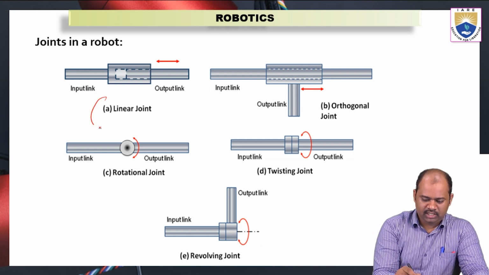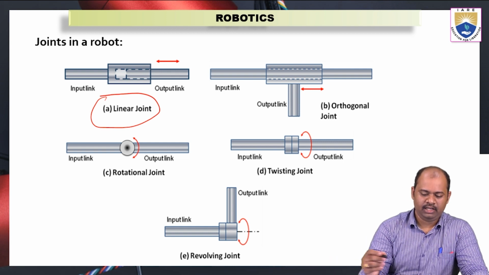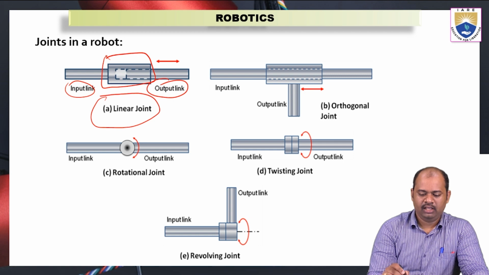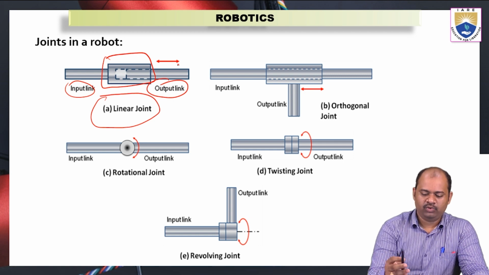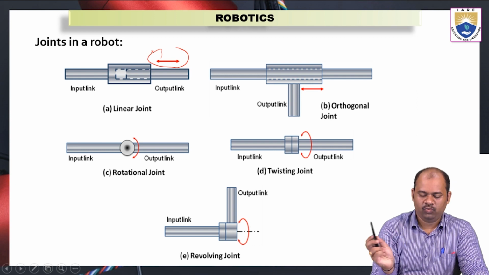Here, the first one is the linear joint. In this joint, we have an input link and an output link. Here we can see linear motion, to and fro motion, outwards and inwards.